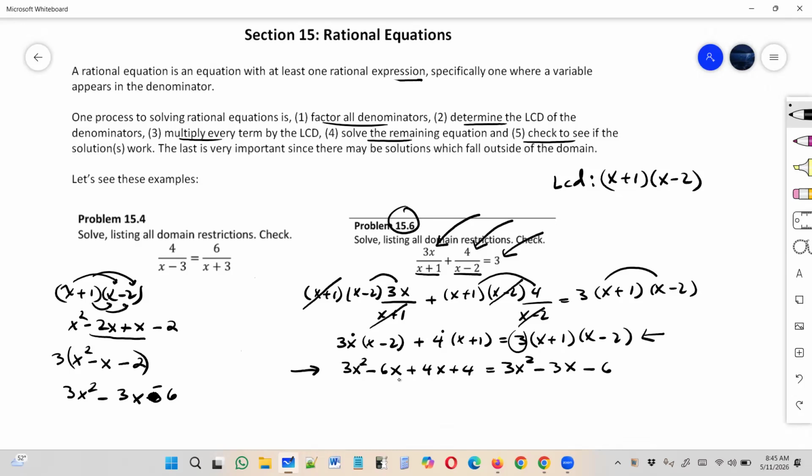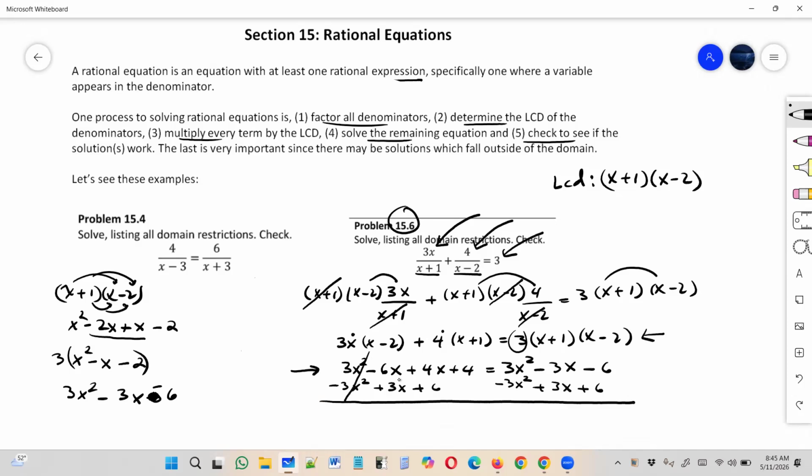So all of the variables have to be on the left side and 0 on the right. So I'm going to subtract 3x squared, add 3x, and add 6. And see what we have left.